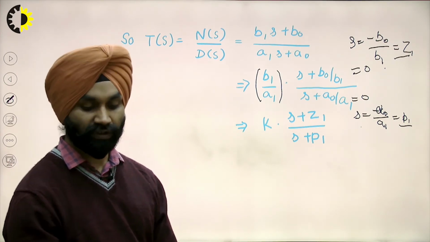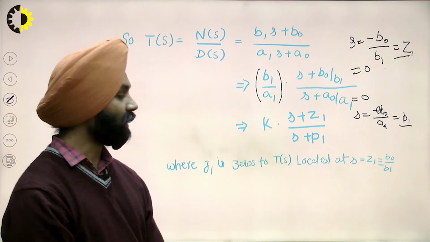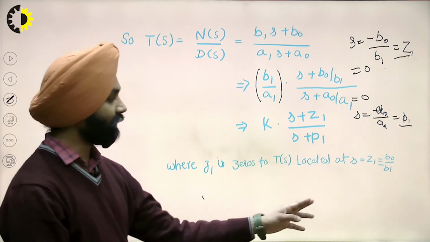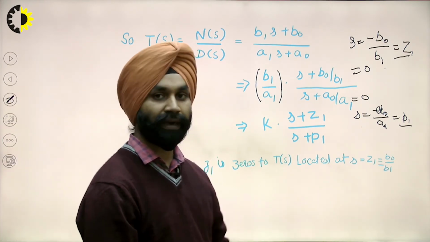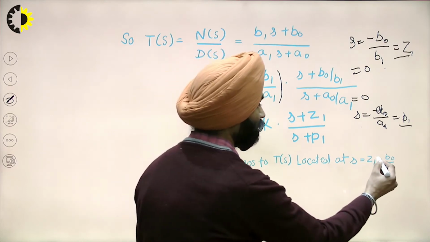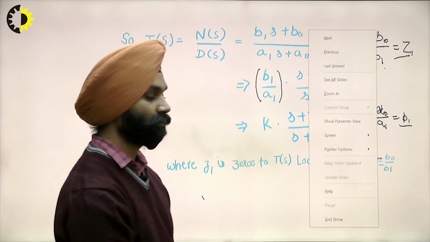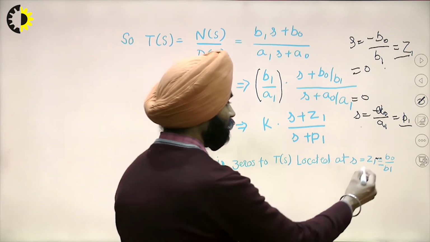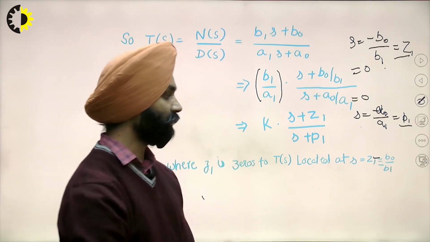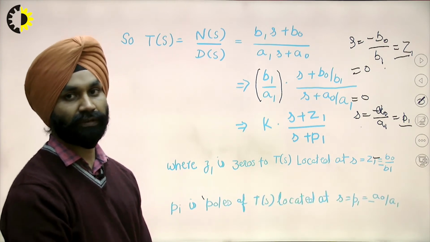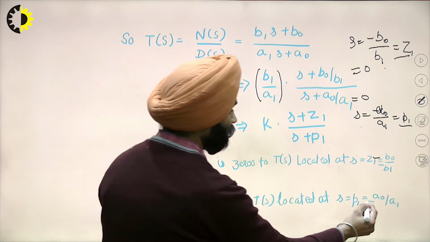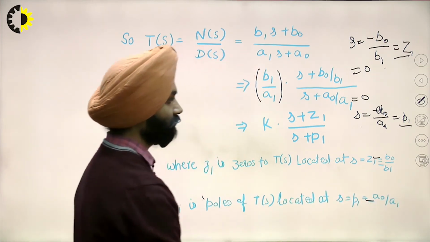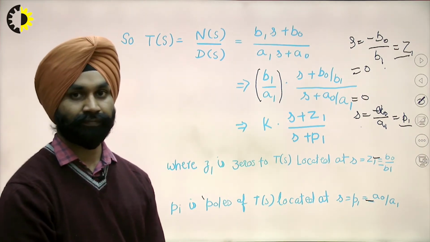So these equations have zeros located at z1 equal to minus b naught by b1, and poles given by minus a naught by a1.